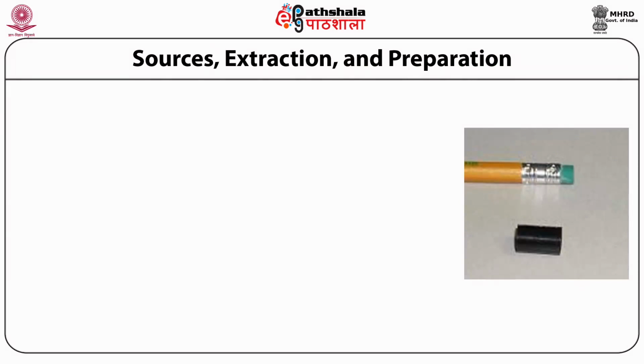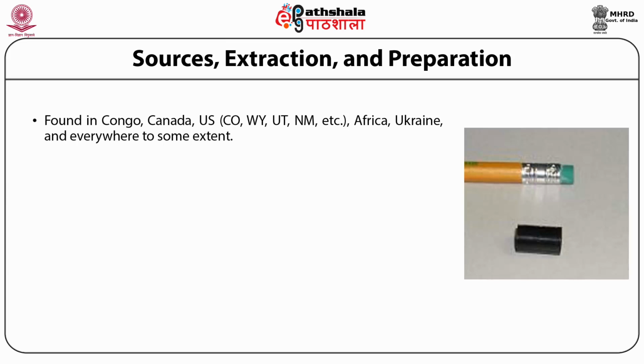Now we will discuss the sources, extraction, and preparation of uranium. Uranium is found in Congo, Canada, US, Africa, Ukraine, and everywhere to some extent. For many decades, several methods have been pursued for mining of uranium.